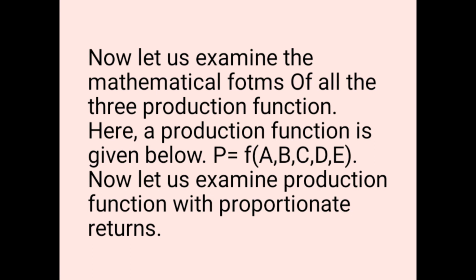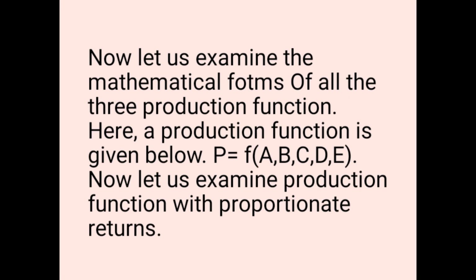Here a production function is given below, that is P is equal to F of A, B, C, D, E. So this we had already studied. As I stated earlier, P is the output and A, B, C, D and E are different types of inputs.